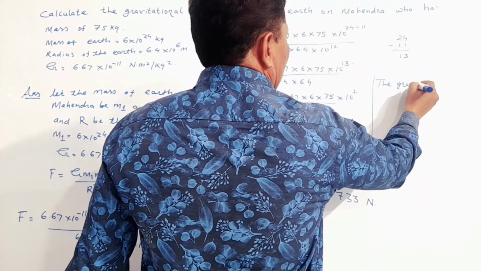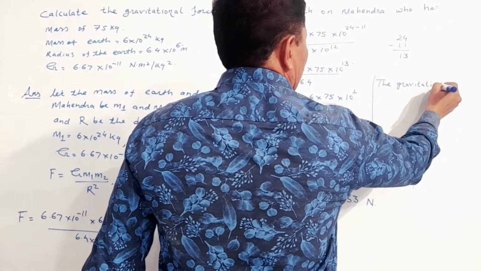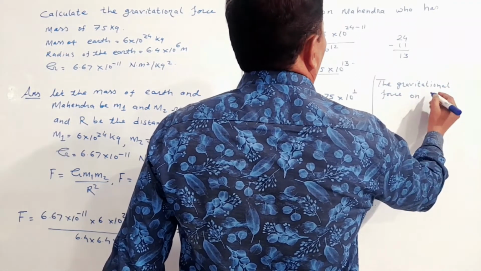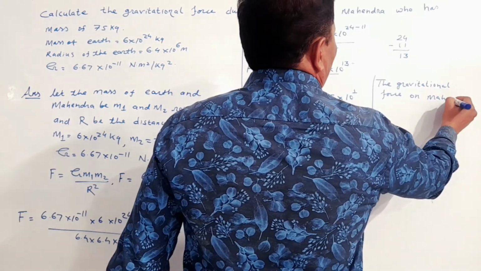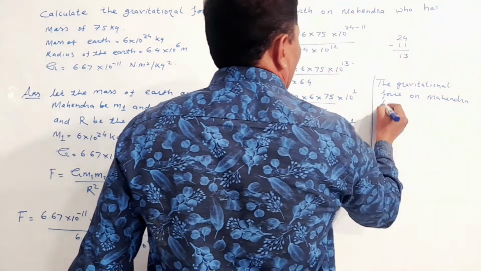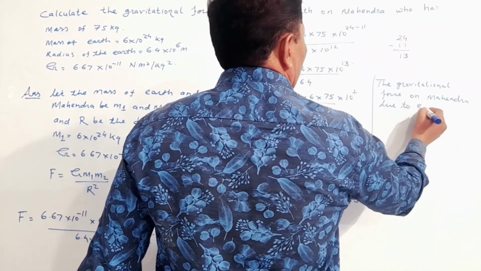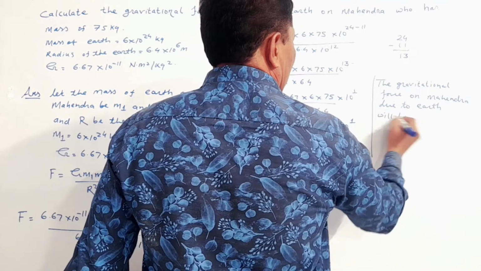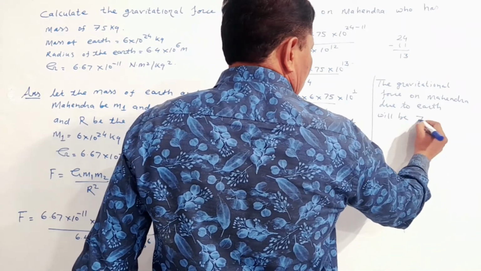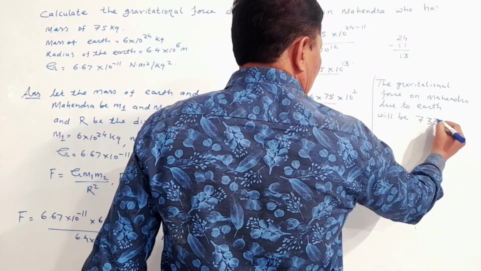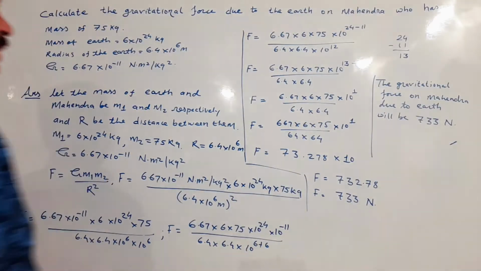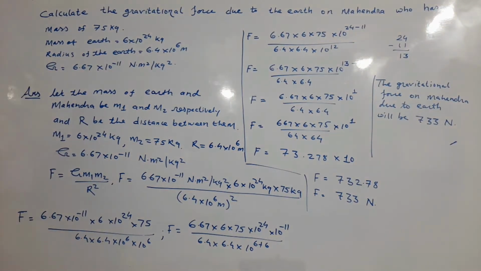The gravitational force on Mahindra due to Earth will be 733 Newton. This is the answer. Let's find the next answer.